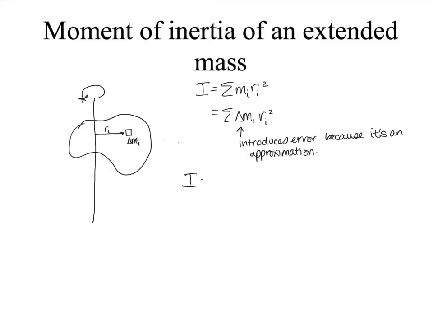In order to improve our accuracy, we would have to let those delta m sub i's be infinitesimally small. And hopefully you see where we're going with this. We would change from a summation to an integral.